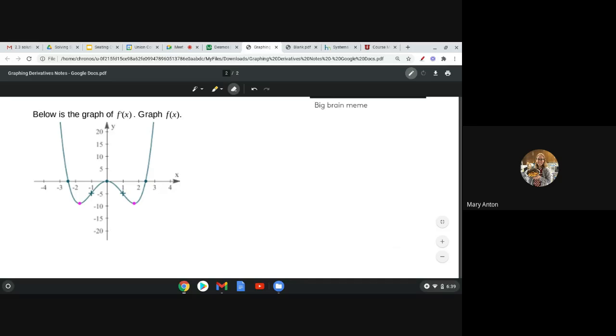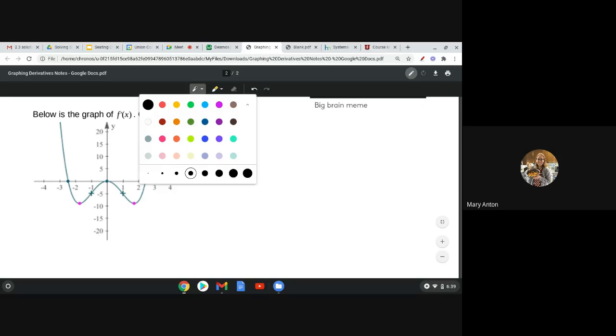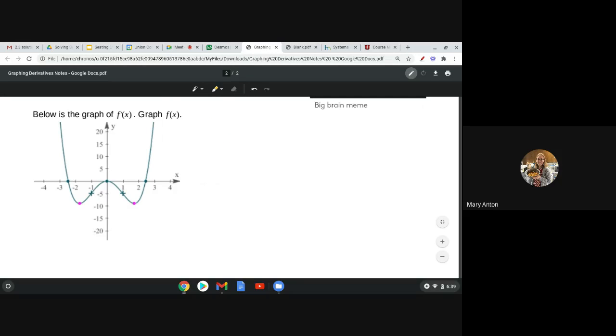There are multiple options that we could draw because the derivative graph only tells us so much. But we can get the general shape of the original function. So that's what we're going to do. The graph to the left is the graph of the derivative function, and we're going to graph f of x.